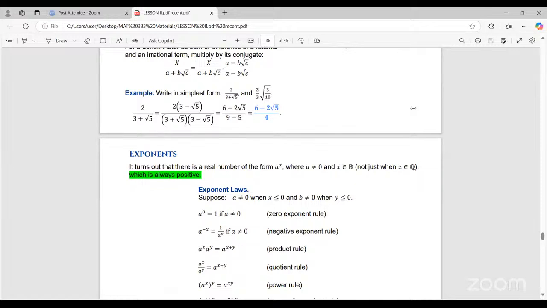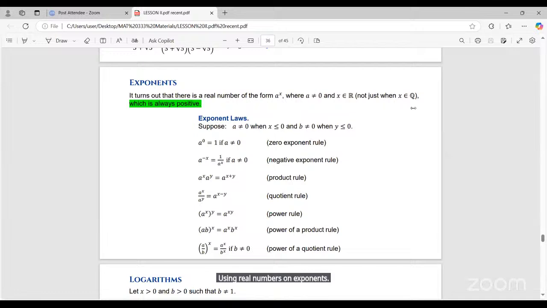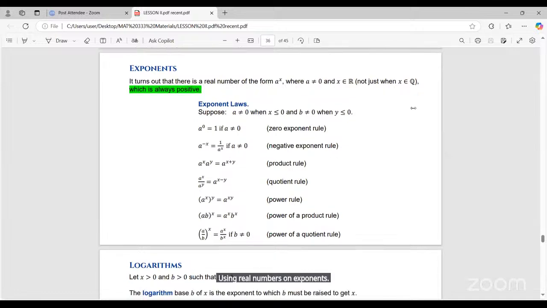Using real numbers on exponents. On exponents. Please, I have just 5 minutes more. I have to be fast. Can you please scroll up? Guys, shut up now. Shut up. I mean, she teach. It turns out that Ma, please continue. Just take notes that you are in the class.